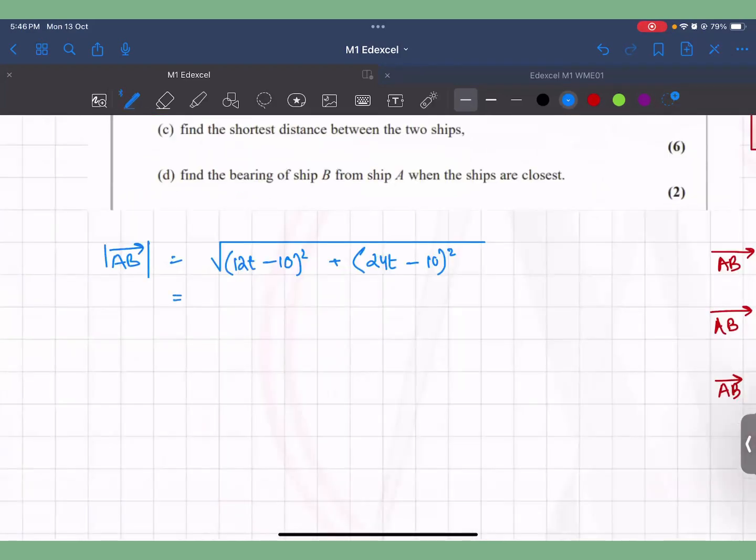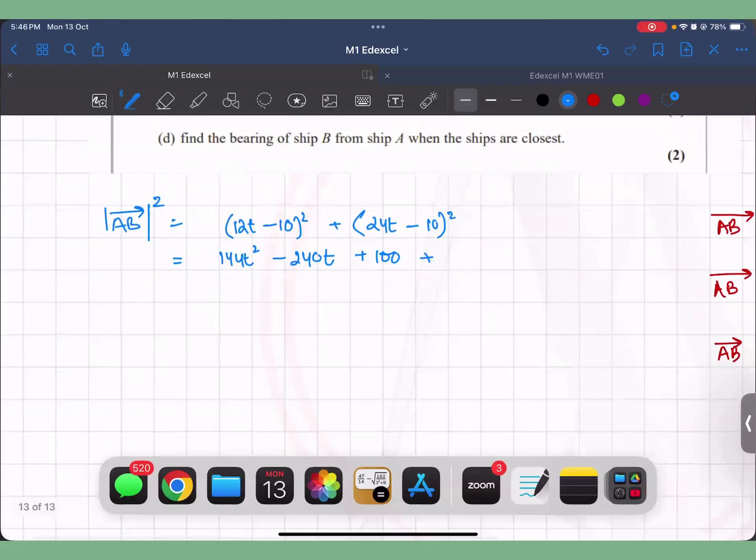So I'm writing a square over here and removing the square root. I would like to write it again and again. So (12t minus 2) squared will be 144t squared minus 240t plus 100. (24t minus 10) squared will be... how much is the square of 24?